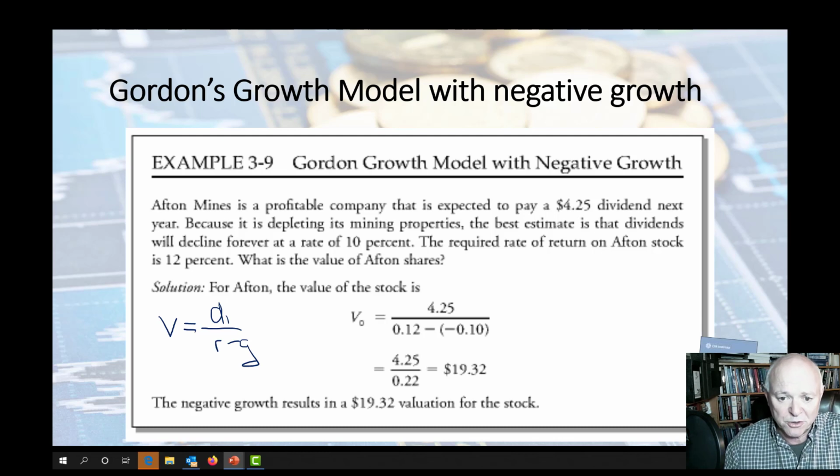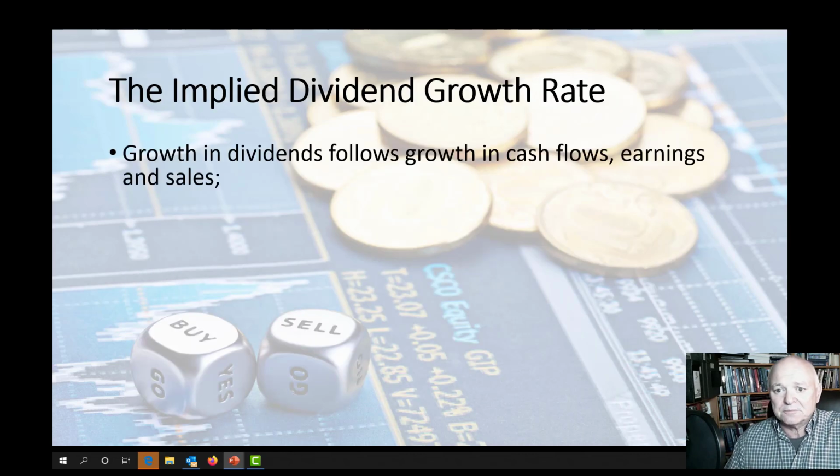And that's where we get the 0.22 in the denominator. So the overall price, or the intrinsic value of this share, would be $19.32.